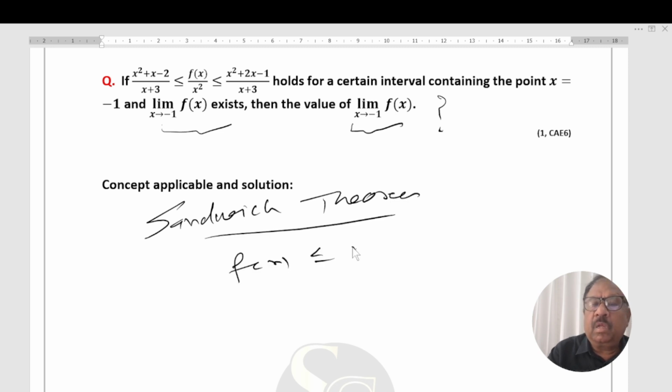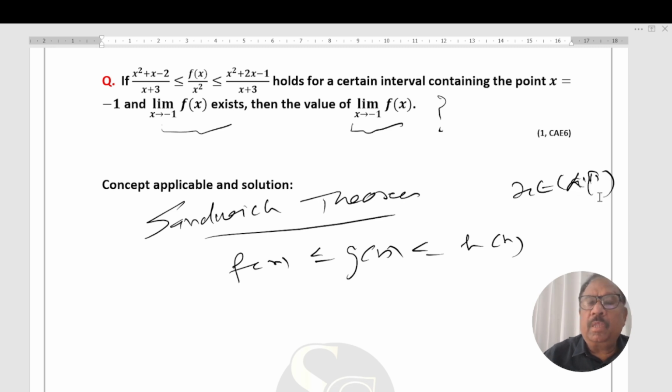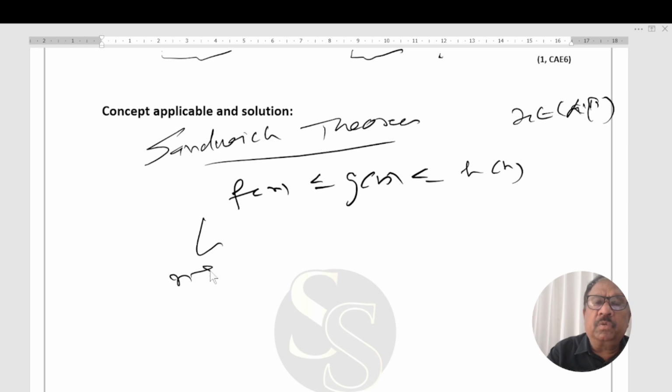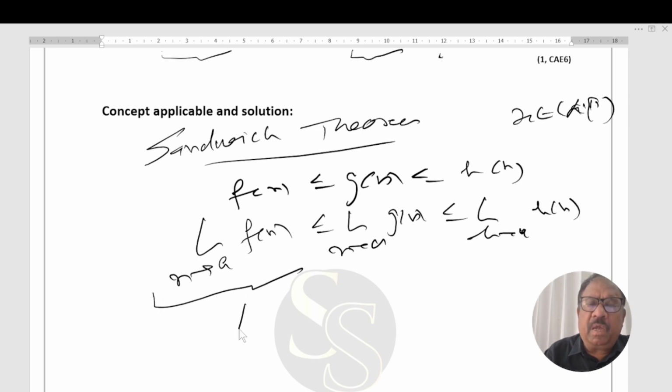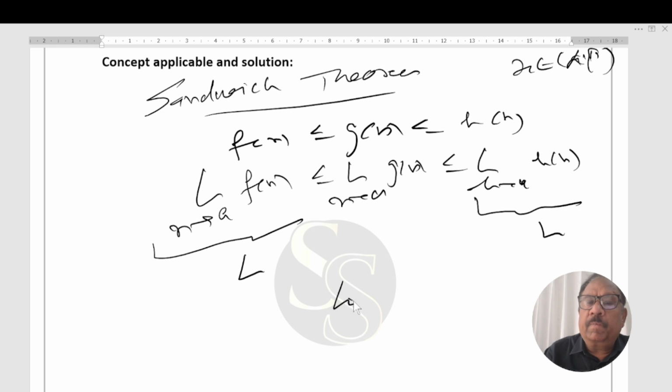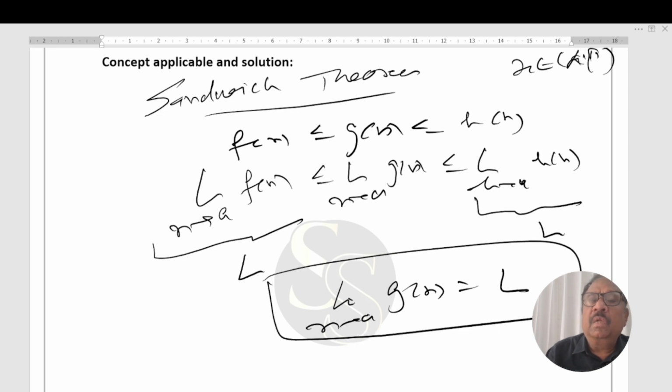If f(x) is less than or equal to g(x), which is less than or equal to h(x), for x belonging to a certain interval alpha beta, then take any a in between, limit x tends to a of f(x), limit x tends to a of g(x), limit x tends to a of h(x). If its answer is L, and a belongs to this interval, then the limit x tends to a of g(x) will also be equal to L. That is the sandwich theorem.